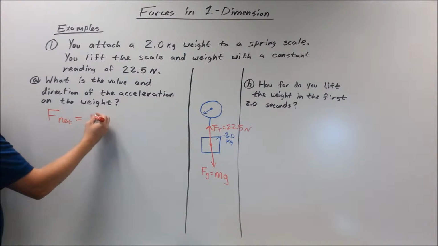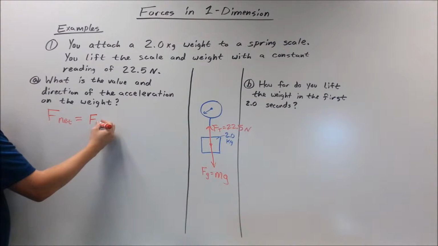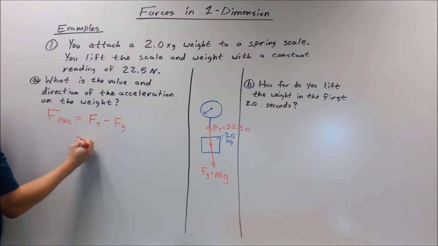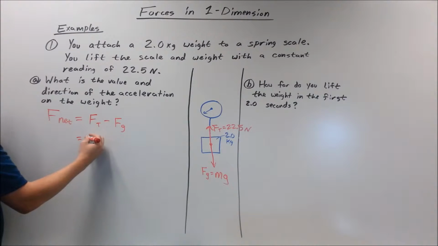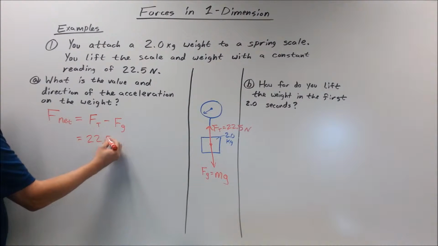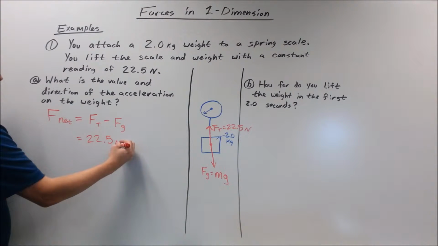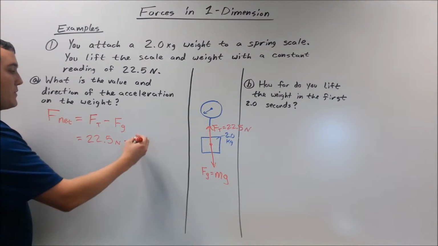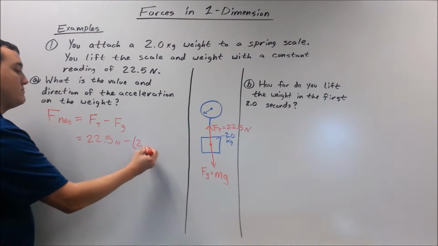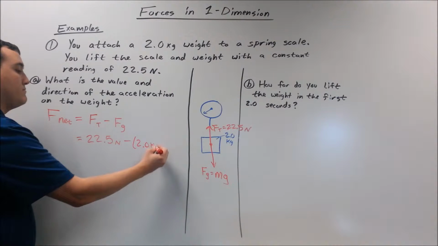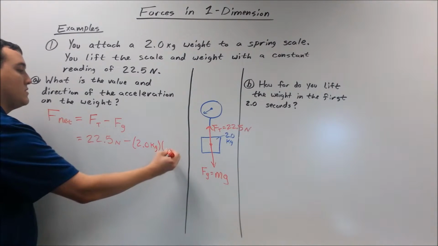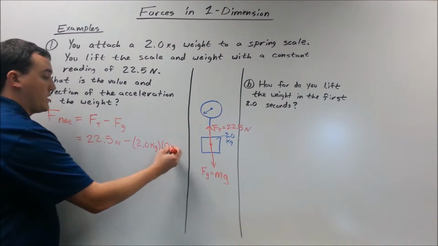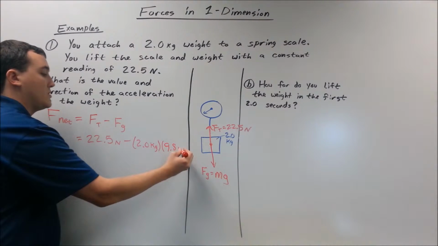So we have force of the tension minus force of gravity equals 22.5 newtons minus our mass, which is 2.0 kg, times negative 9.8 meters per second squared.